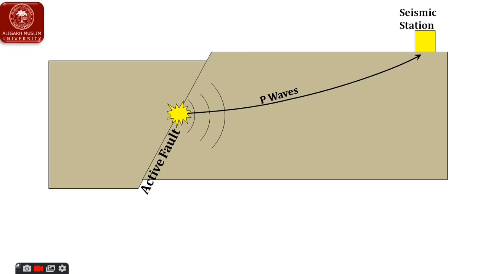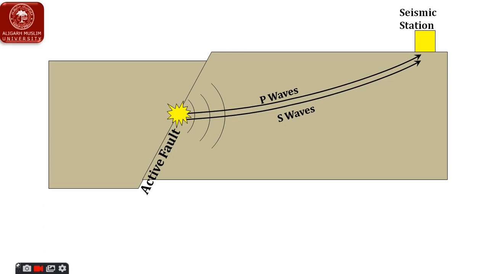P waves are faster than S waves, so the arrival of P waves is relatively earlier as compared to the S waves, and there is a time gap between the arrival of P and S waves. That time gap increases as the distance of the seismic station from the epicenter increases.